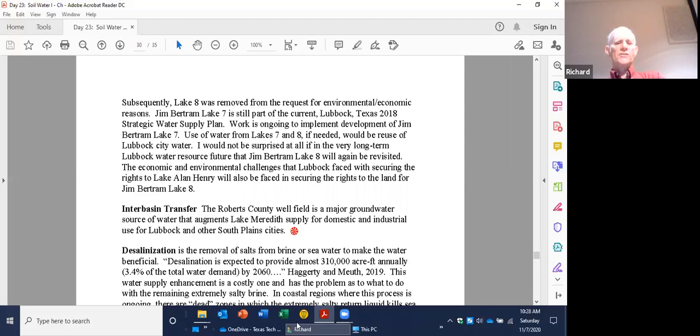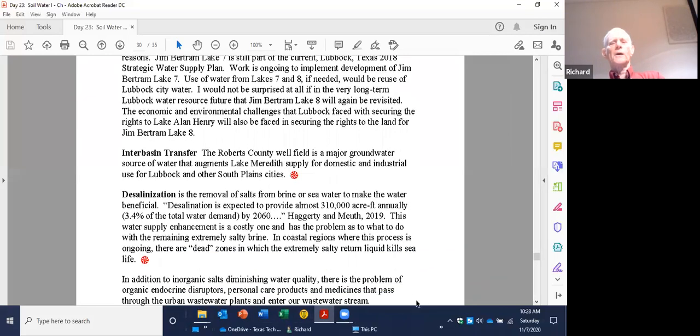Another one of these facets is interbasin transfer. Interbasin transfer means transfer from one river basin to another. The Roberts County well field is a major groundwater source that augments the Lake Meredith supply for domestic and industrial uses of Lubbock and the other South Plains area.